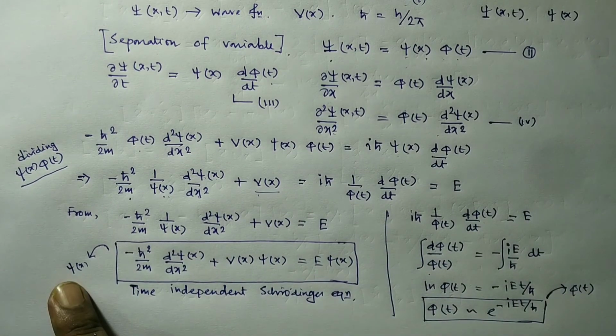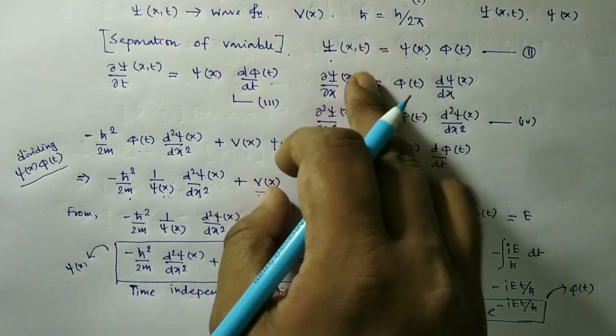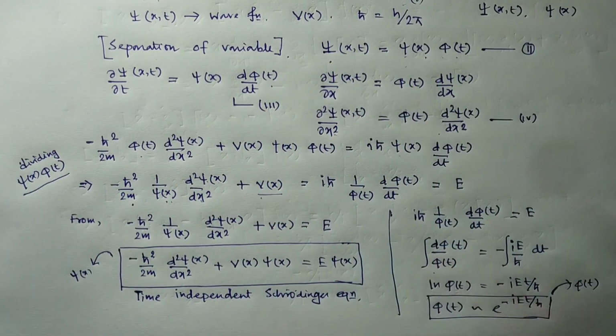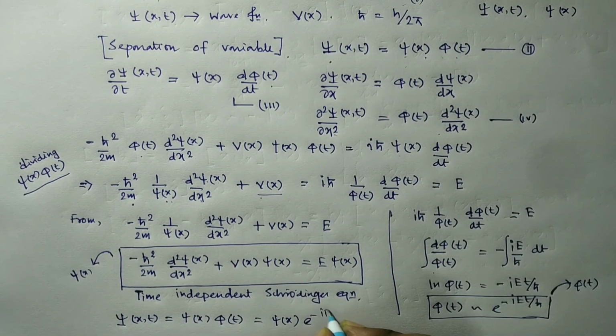ψ(x) is already determined. So from our assumption, the complete solution ψ(x,t) will be ψ(x) times φ(t), that is ψ(x) e to the power −iEt/ħ.